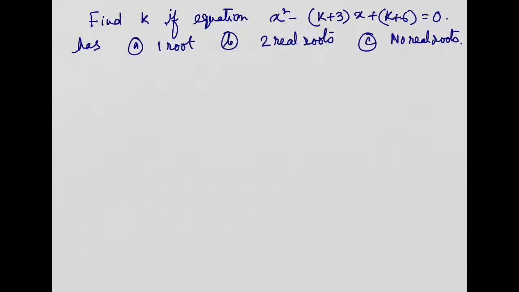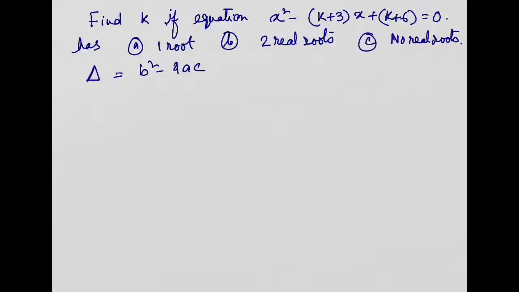Now take this example: find k if the equation x squared minus (k plus 3)x plus (k plus 6) equals 0 has one root, two real roots or no real roots. Now we need to find the discriminant first. So delta equals b squared minus 4ac.